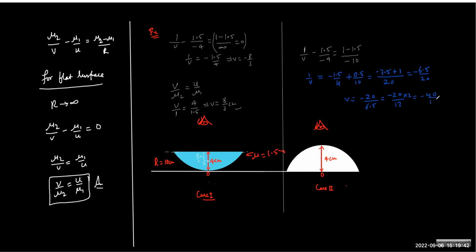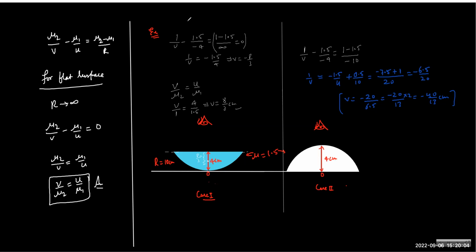So minus 40 by 13 centimeters. The answer will be below, roughly 3 centimeters below. Earlier it was 2.66, now it is 3 centimeters below. So the answer is different, right? I hope this is clear.